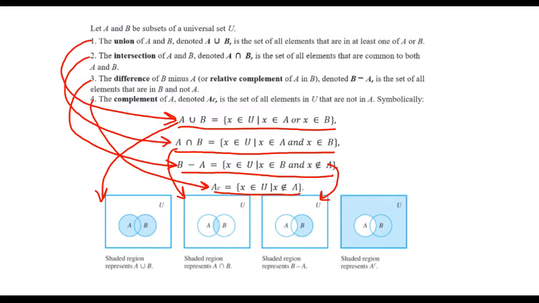So it shades B, but not the whole circle of B. It doesn't shade the shared region between A and B, because B minus A means the set of all elements in B that are not in A. So we should keep the circle A white. We should not shade any part of the circle A in this diagram.